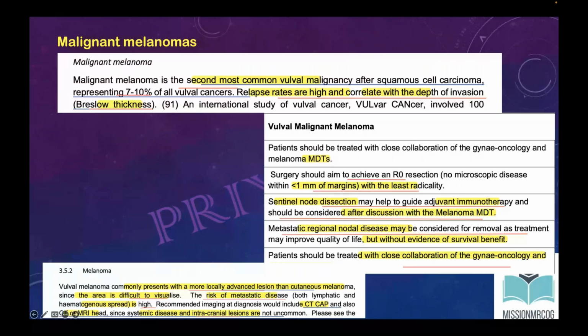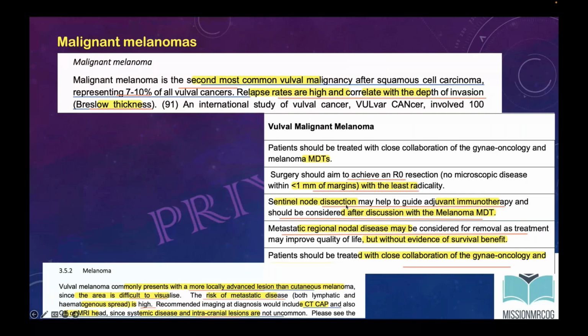The surgical aim will be to excise it. Sentinel node dissection is usually not done, but it helps to guide adjuvant immunotherapy.